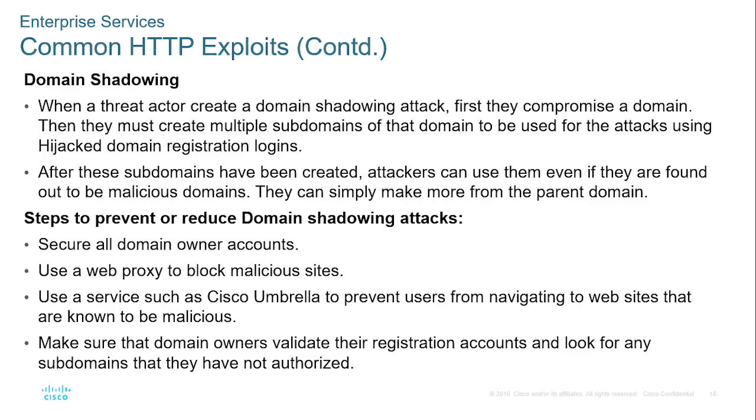What happens here is a threat actor will create a domain shadowing attack to compromise the main domain, and then they will end up creating multiple subdomains of that same domain, which will basically redirect the user to the malicious site instead of to the real site.